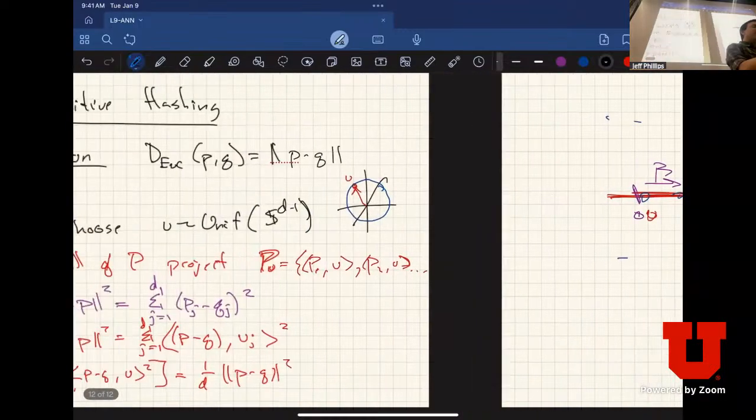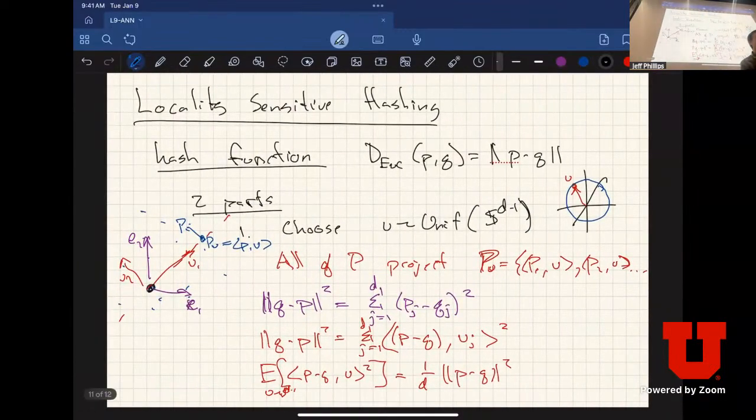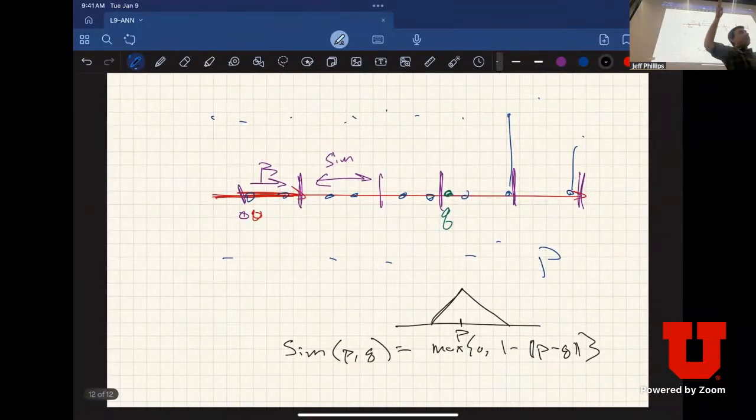So combined together, I pick a random direction, U, and then in that direction, I bin the length in that one-dimensional space. And if things fall in these same bins, that's my hash function for Euclidean distance. And this is one hash function. I repeat with a different random direction and a different random set of bins, and I get a new hash.